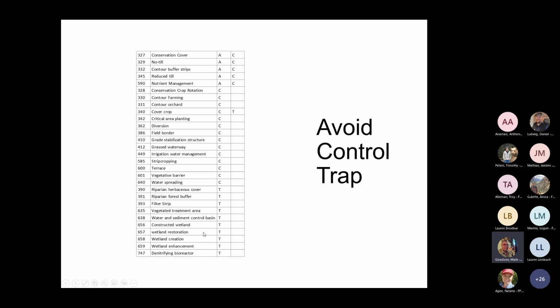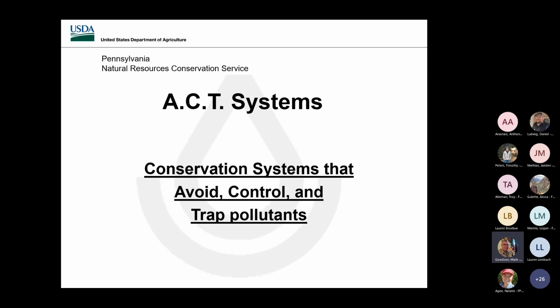It's a list of many of our practices, and it lists whether they're practices that avoid polluting, that control the pollution, or that trap the pollutants. And so these fit together. It takes all three to make a clean conservation system so that we can get to our goals. Avoid, control, and trap. Pretty simple to remember.